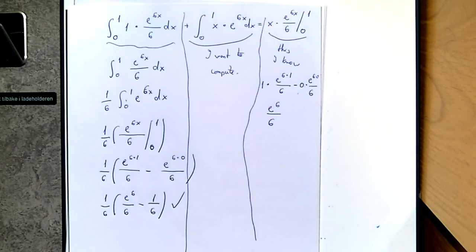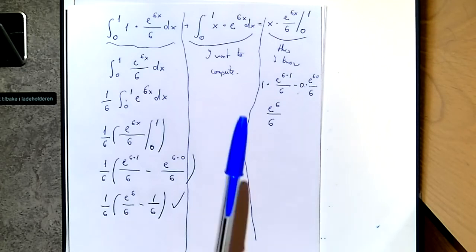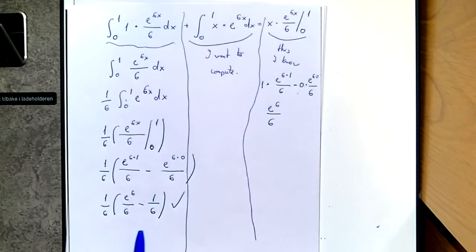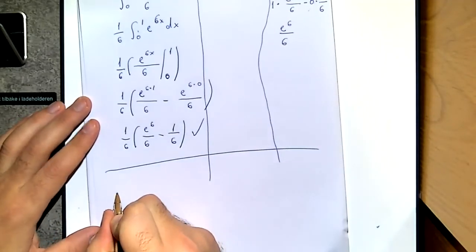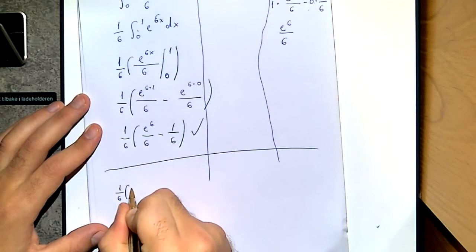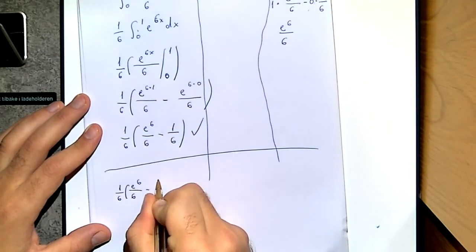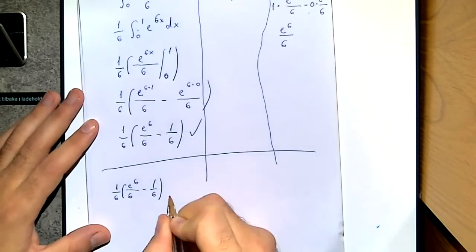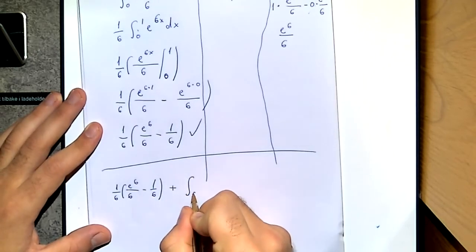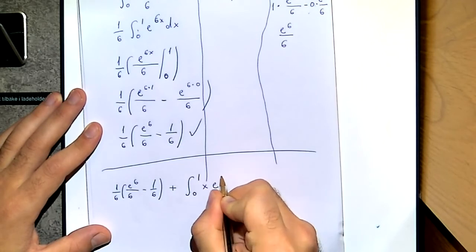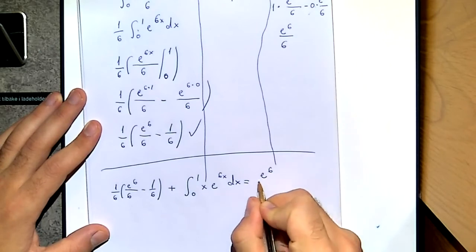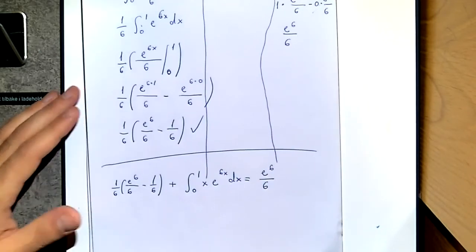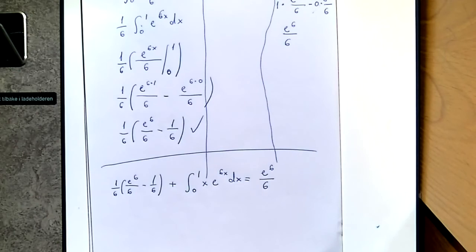Okay, so where am I now? I want to compute this, and I know this and this. So I'm done. What is my equation? My equation is 1 over 6 (e^6/6 minus 1/6), plus the integral I want to compute, is equal to e^6/6. Okay, I just replaced what I computed.